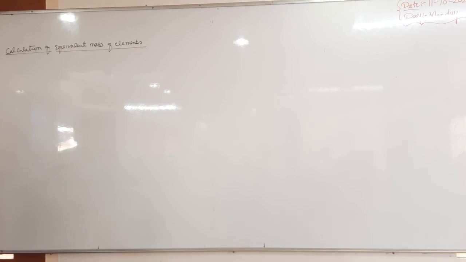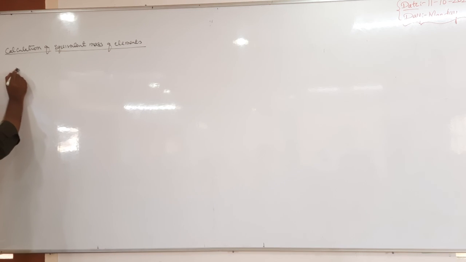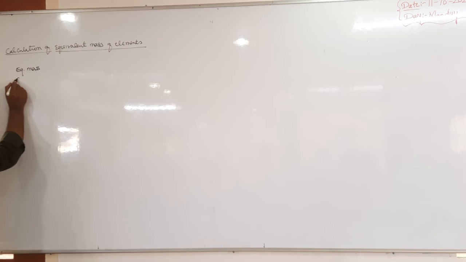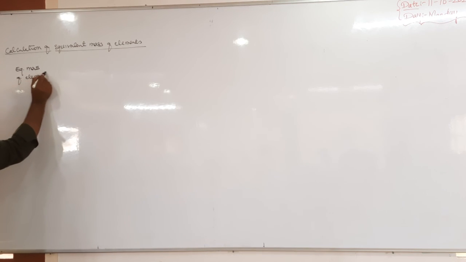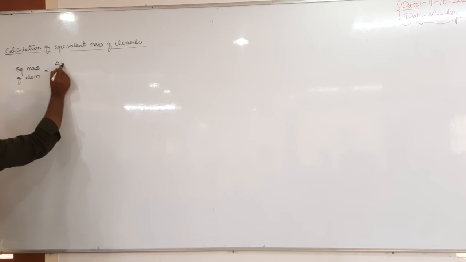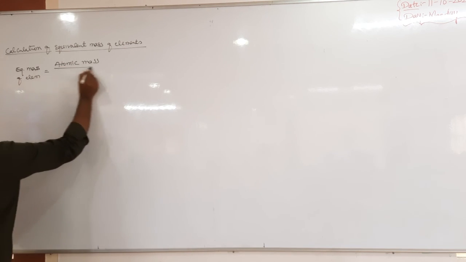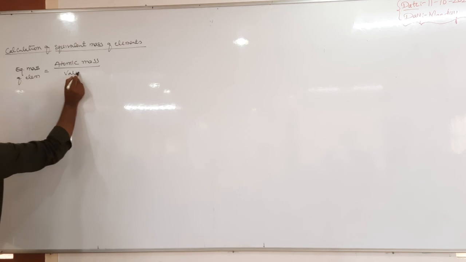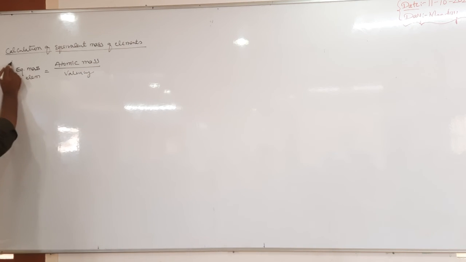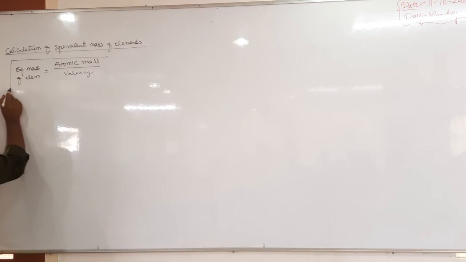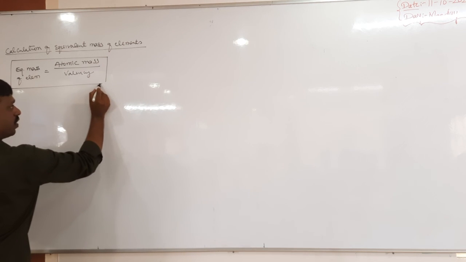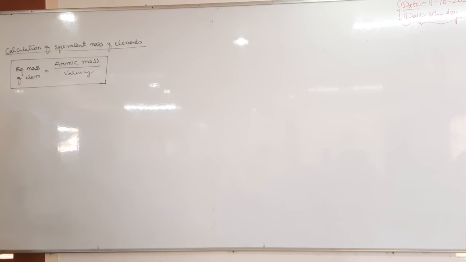Right, let's see the calculation of equivalent mass of an element. The equivalent mass of an element is equal to atomic mass divided by valency. Take down: atomic mass of the element divided by valency gives the equivalent mass.